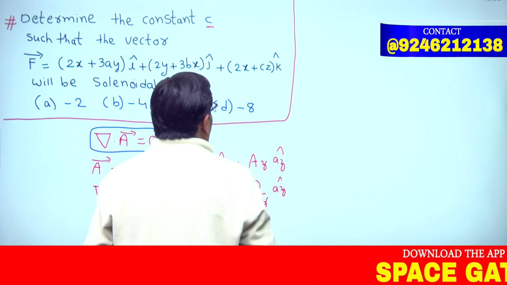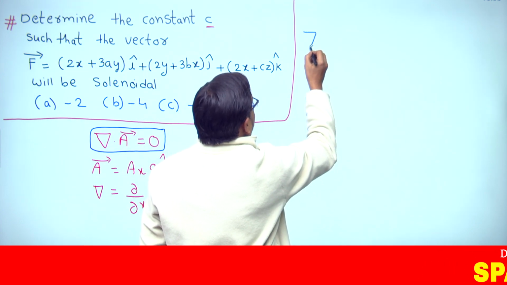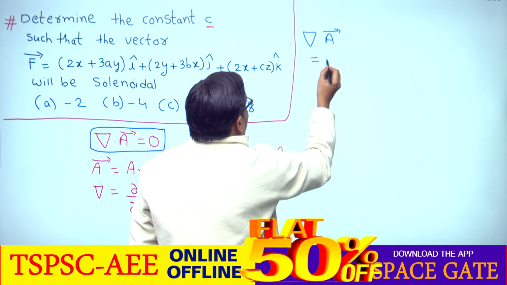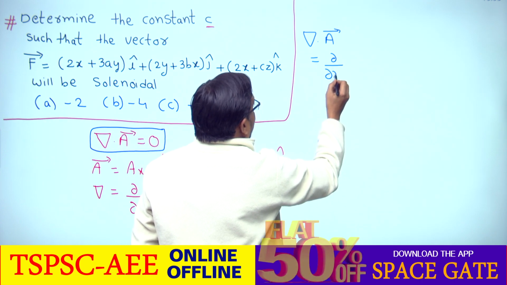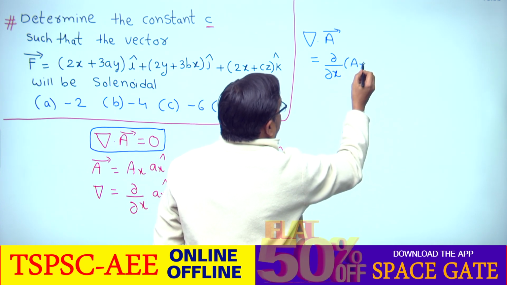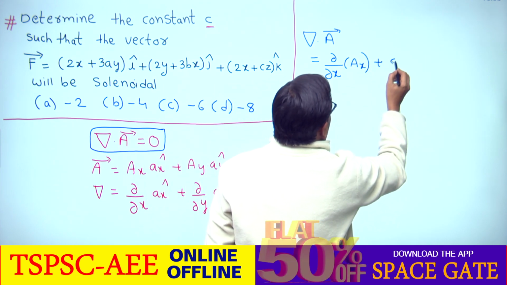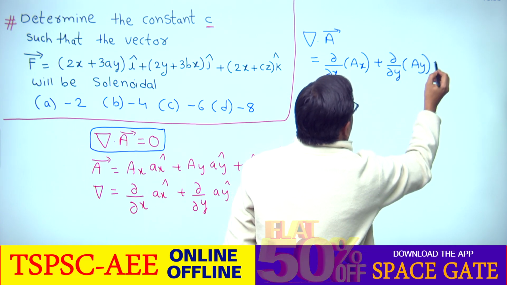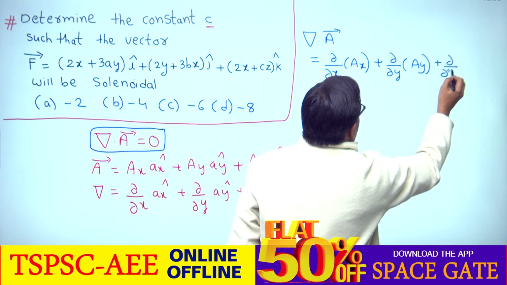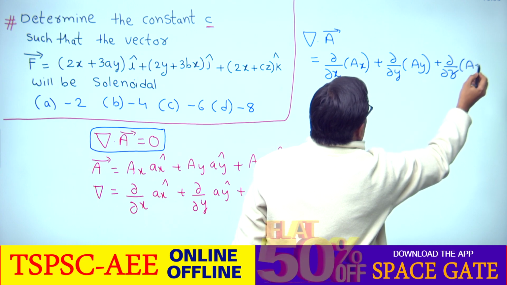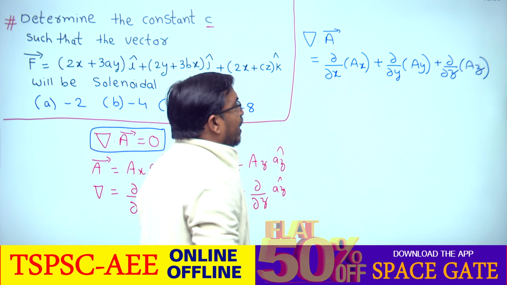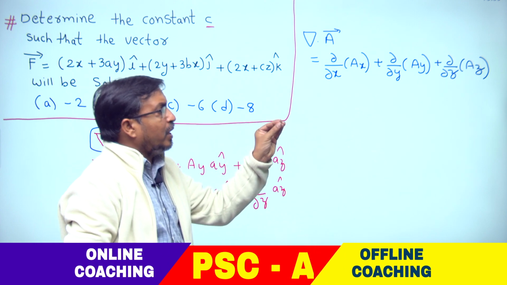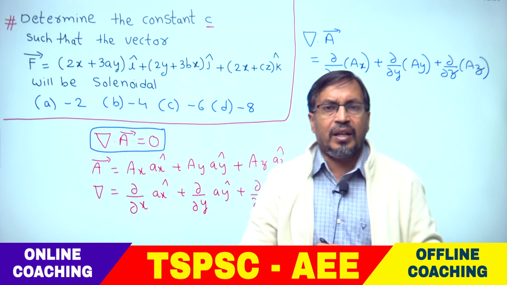Then del dot A, the divergence of A, equals dou by dou x of Ax plus dou by dou y of Ay plus dou by dou z of Az.